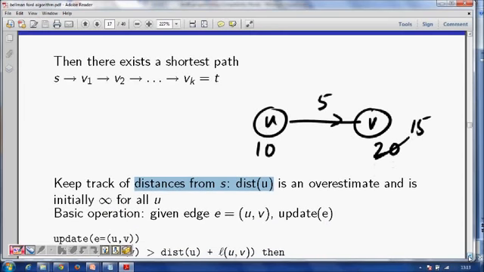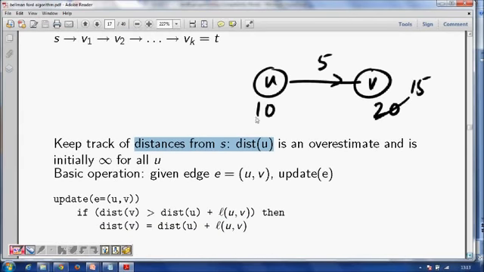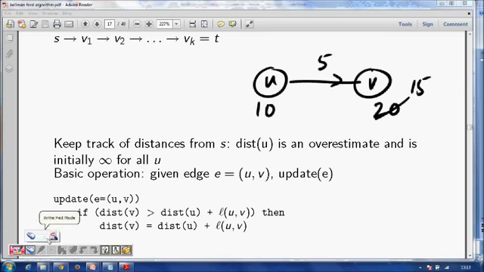Finally, when the algorithm terminates, it becomes equal to the shortest path from S to U. Initially, all the distances except for S we make infinite, and then we do a very interesting update or relax function, which we will look at now.